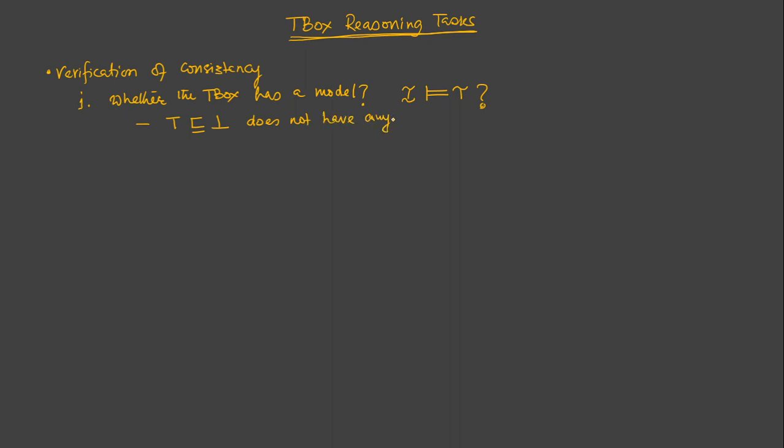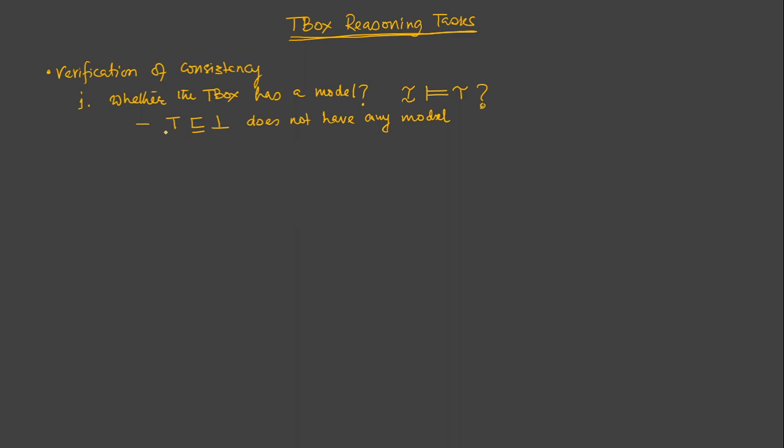You cannot think of any model that satisfies this axiom. If our T box contains only this axiom, then that T box does not have any model and is not consistent. That is very apparent intuitively: a top concept can never be a subconcept of a bottom concept.